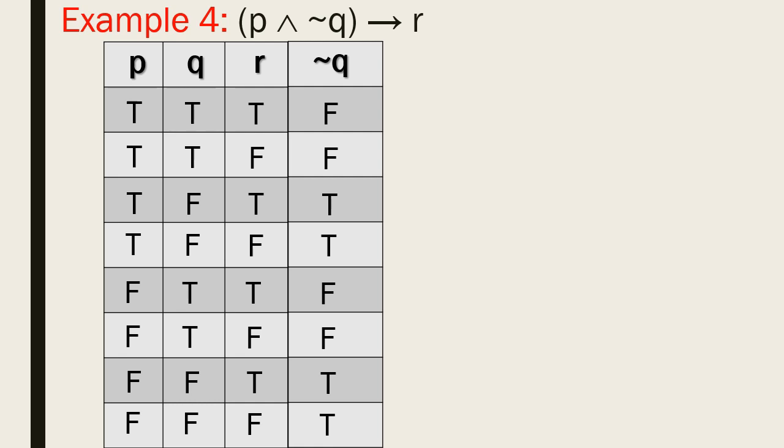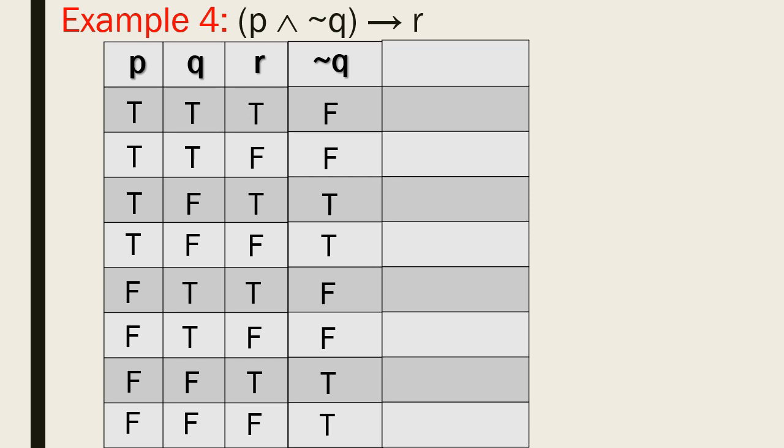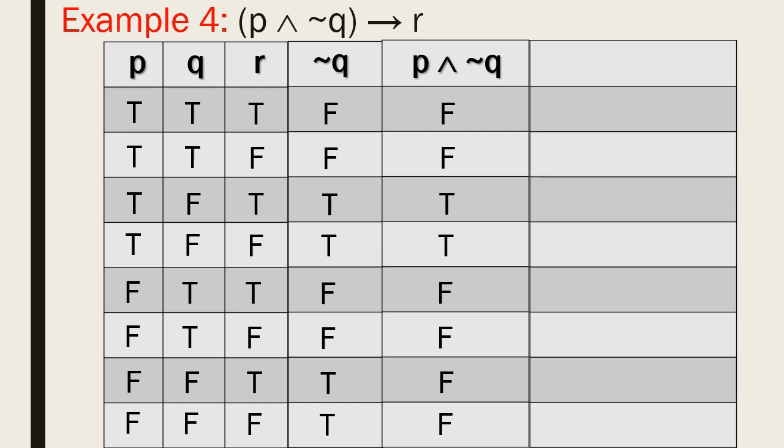Next, we can determine P and not Q. Look at the first and the fourth columns. If it's and, it must be both true to be true. So this is true. The third one, the fourth one, that's both true, that's also true. Then the rest will be false because they are different.